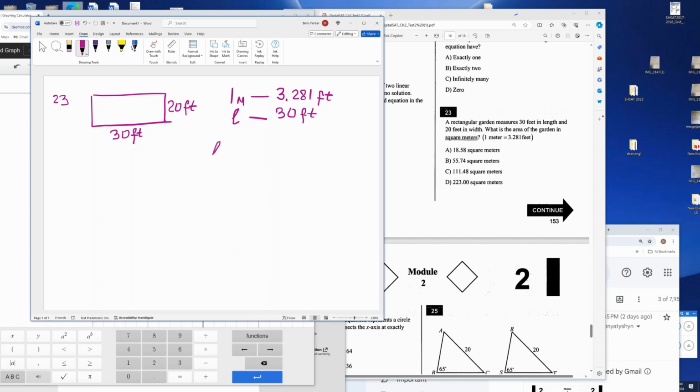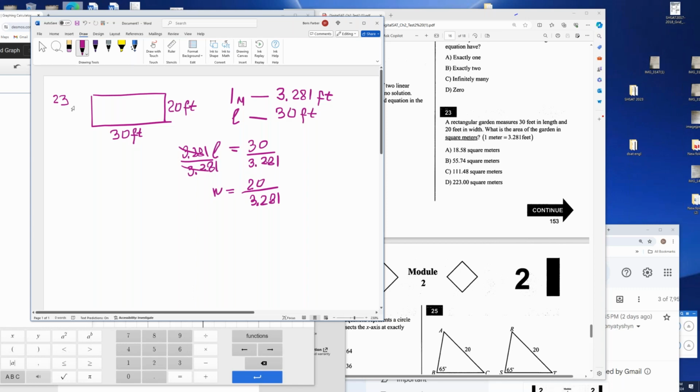So length equals 30 divided by 3.281. And the same way my width equals 20 divided by 3.281.